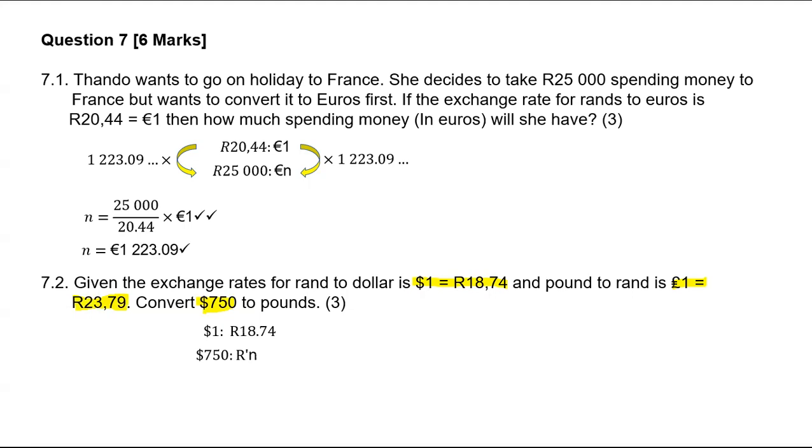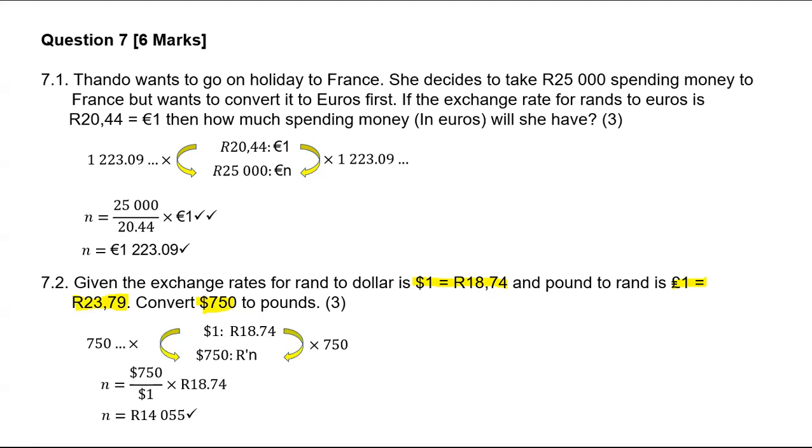For me to move from $1 to 750, I simply multiplied by 750. I'm going to do the same and multiply the second part by 750. And when I multiply the second part by 750, it'll give me N, which will be in rands, and that'll be 14,055 rand.